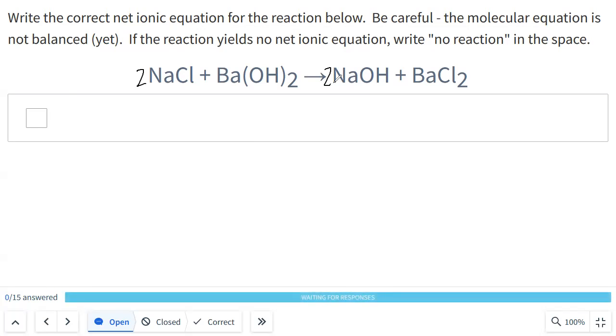So once again, we are looking just for the net ionic equation. So classify it, break it apart, and cut out all the common things to get to the net.